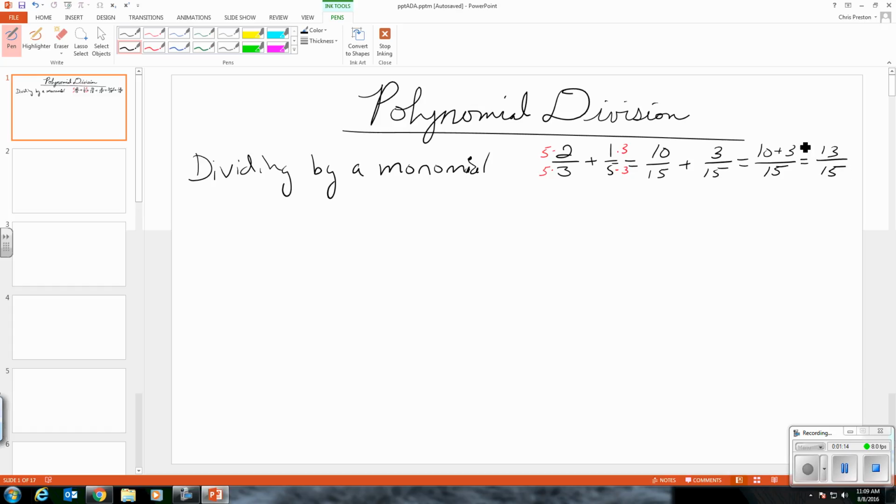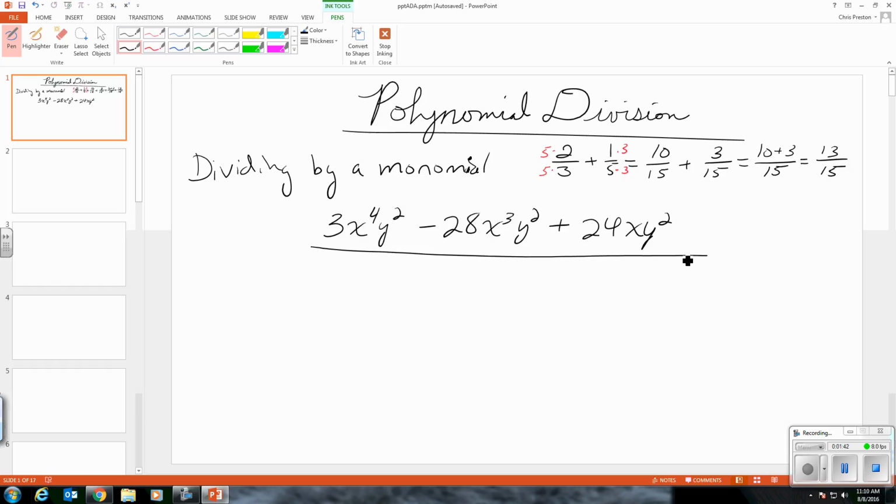Okay, so what we're going to do is look at a problem like 3x to the 4th y squared minus 28x cubed y squared plus 24xy squared, and we're going to divide that all by 4x squared y squared.